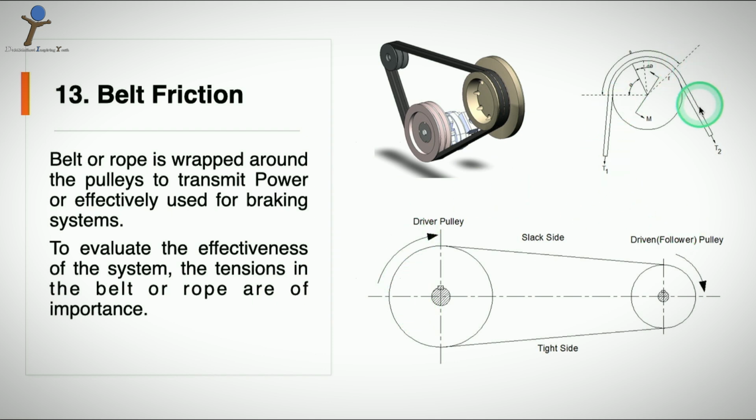So this is the schematic diagram of a pulley and the belt wrapped over the pulley, having 2 different tensions, T1 and T2.